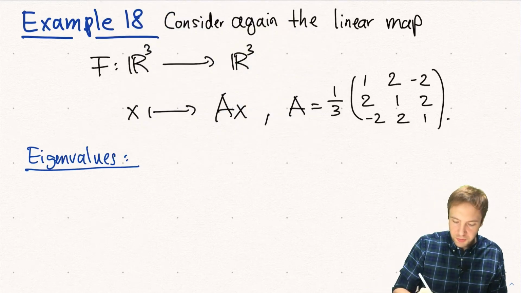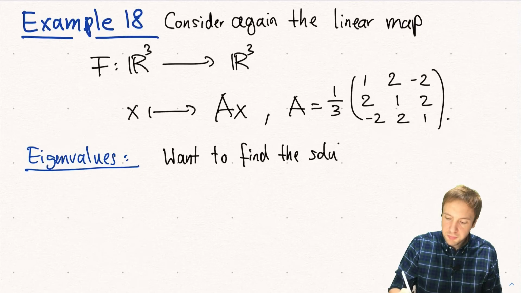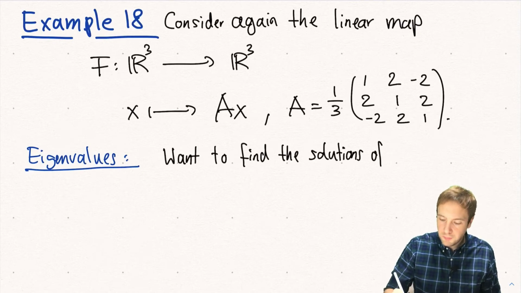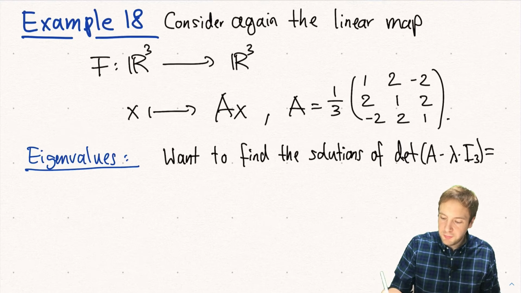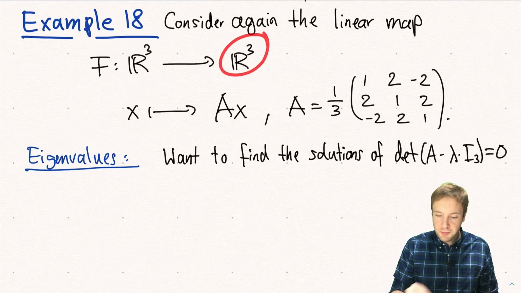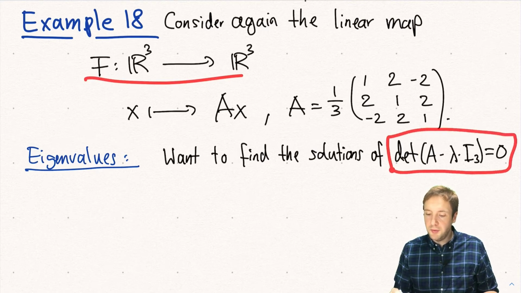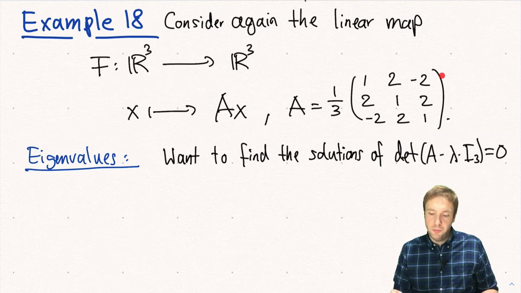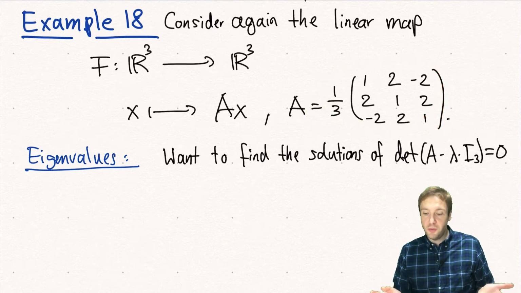So we want to find the solutions of the determinant of A minus lambda times I3 equals 0. Because in this case, the dimension of V is 3, and A is a matrix of F, and therefore we want to solve this equation here. So how many times do I need to subtract the identity matrix from this matrix A such that the determinant is 0?